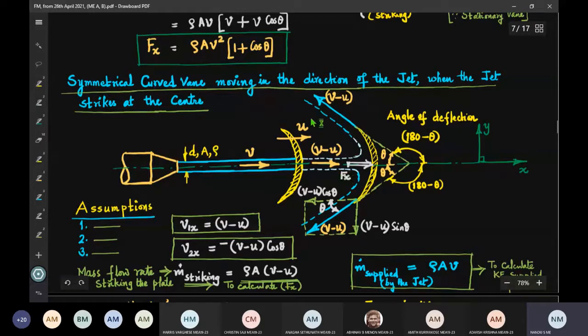Let the velocity of the vane or the blade, or what you can call it, curved plate, be u, and the absolute velocity of the jet be v.